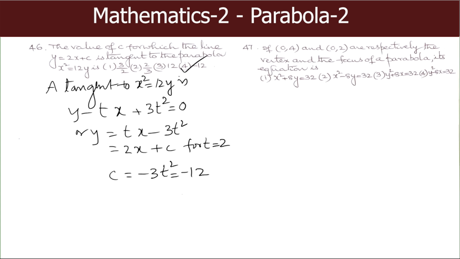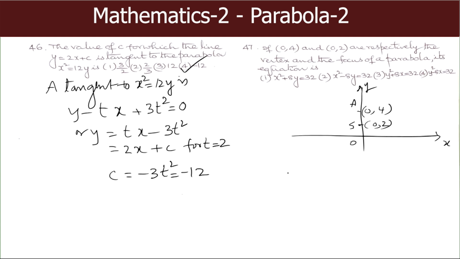47. If (0, 4) and (0, 2) are respectively the vertex and focus of a parabola, its equation is. (0, 4) is the vertex, y-axis, (0, 2) is the focus, this is the vertex.